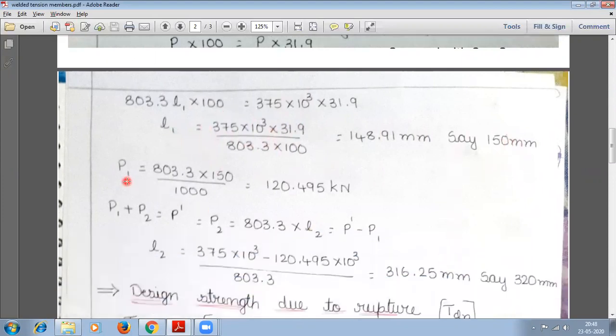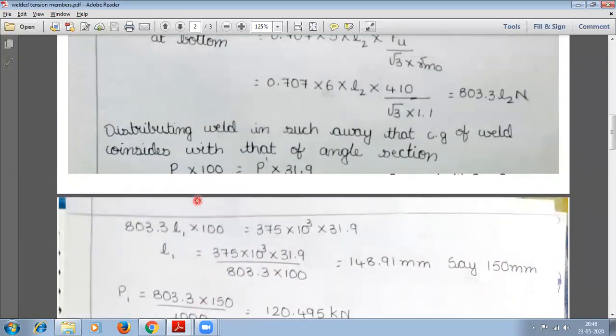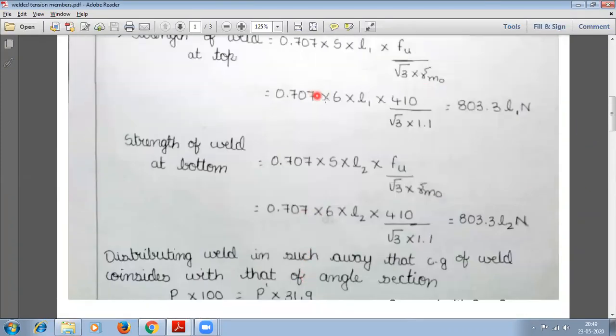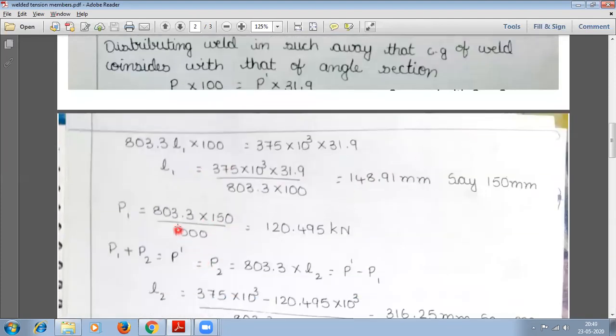Right? Now we'll go for P1. We don't know what P1 is yet, but we got the L1 here. So what is P1 here? 803.3 L1. Now we got to know what L1 is. Substitute it: 803.3 into L1 is 150.